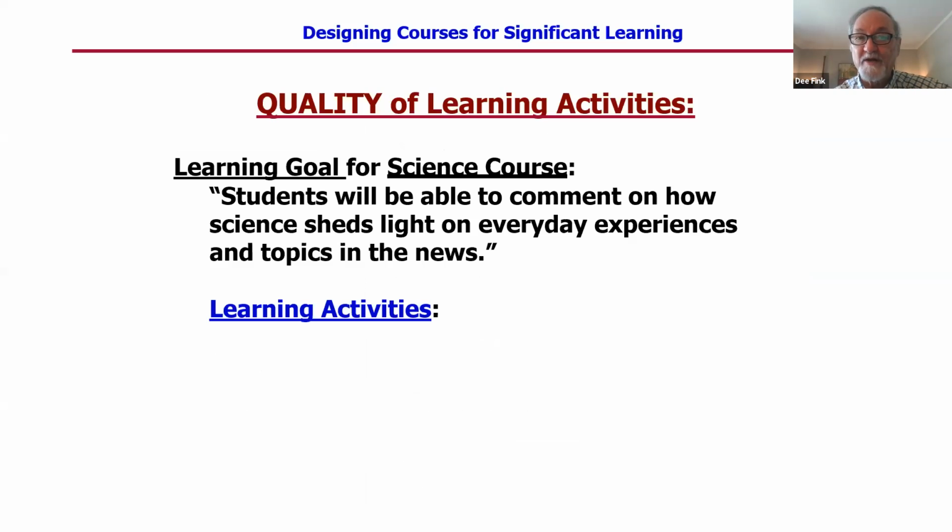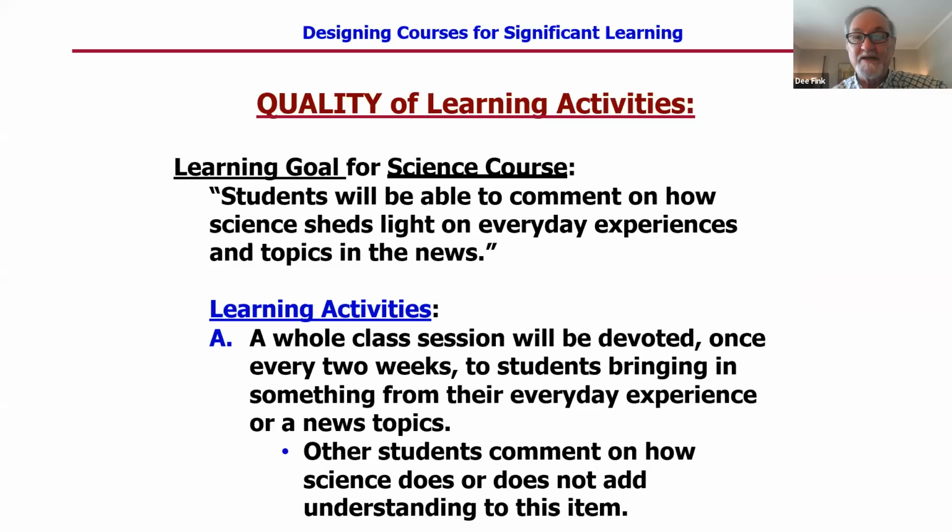As you look at the learning activity, I can show you one example here of a high quality, low quality learning activity. The example I've been giving is a science course where you want students to connect what they're learning in the course with being able to think more fully about their everyday experiences or some of the topics in the news.